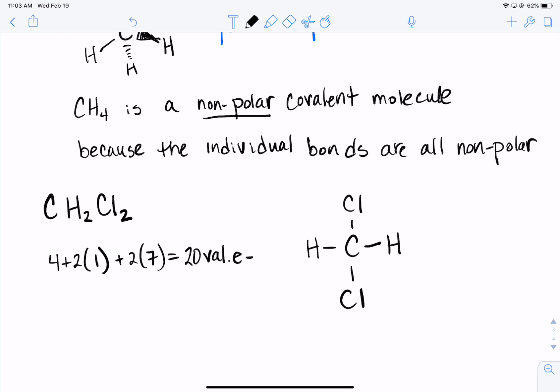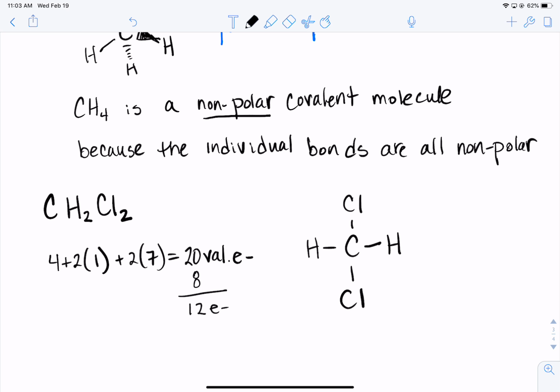So I have dealt with 8 of these valence electrons by the shared bonds, so I've got 12 left. Does hydrogen need them? It only has 2 around it, but remember hydrogen is our exception. It wants to achieve duet because it wants to be like helium. So hydrogen's happy. It does not want any more electrons around it.